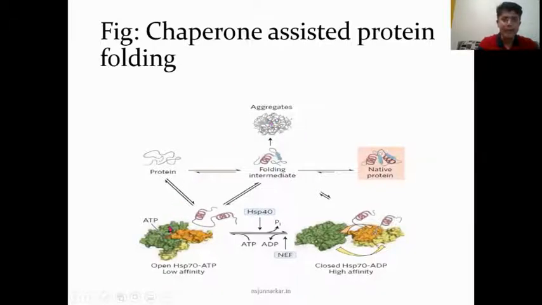Now this HSP70 family remains attached to ATP, and when bound to ATP, they have low affinity towards the protein.